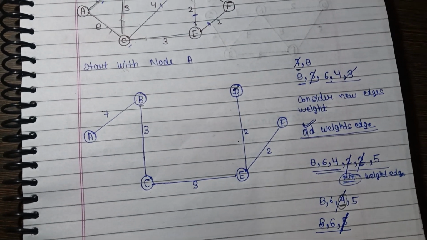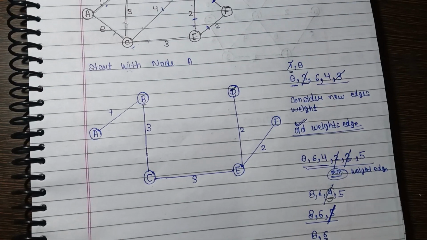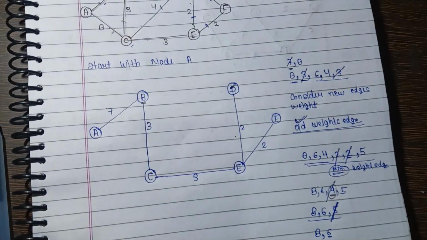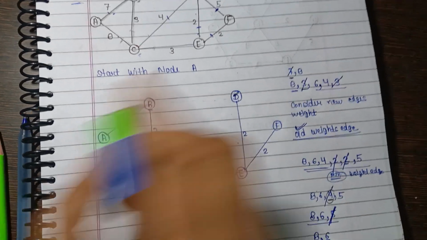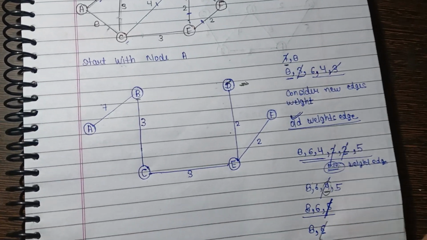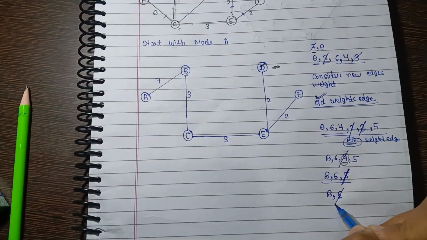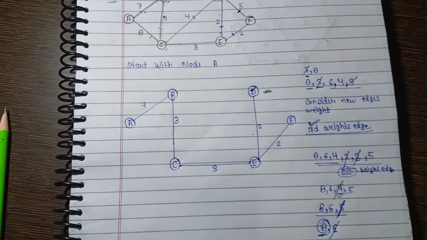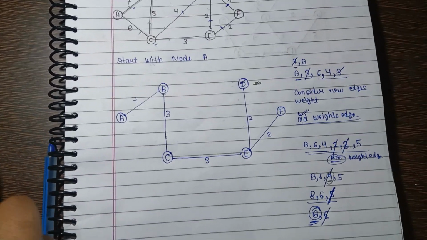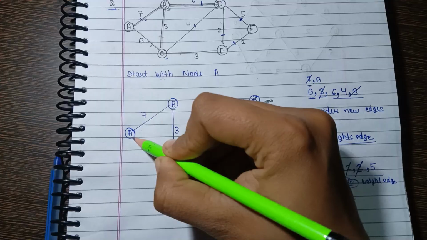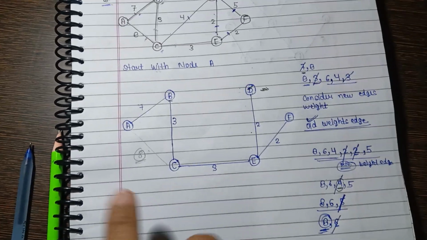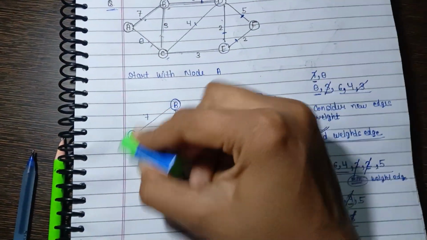We have available weights 8 and 6. If we add 6, then 6 also makes a cycle, so we do not include this. Remove this from our available edges, and now our last remaining edge weight is 8. Now check where 8 is present. 8 is present here. If I connect this, it also makes a cycle. That's why I am not including this in my MST.